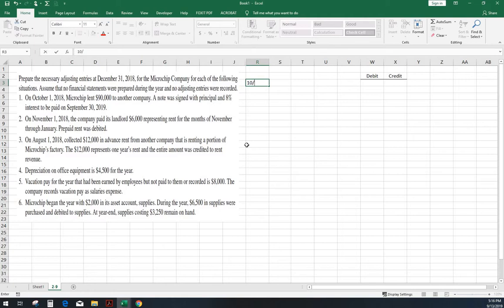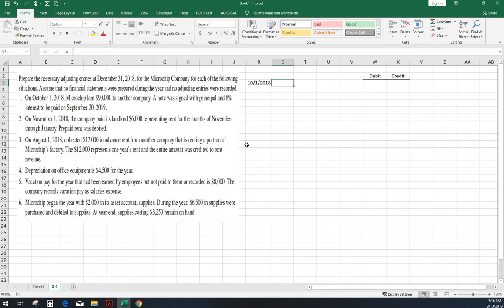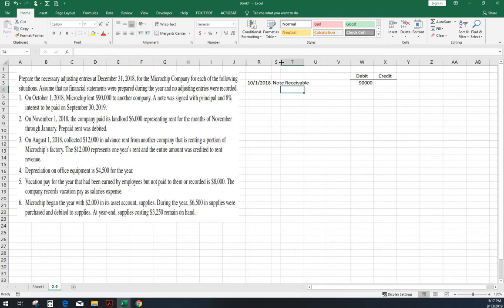So on October the 1st, 2018, we lent $90,000 to a company, and they signed a note, so we got a notes receivable for the amount of $90,000, and we gave out cash for $90,000.